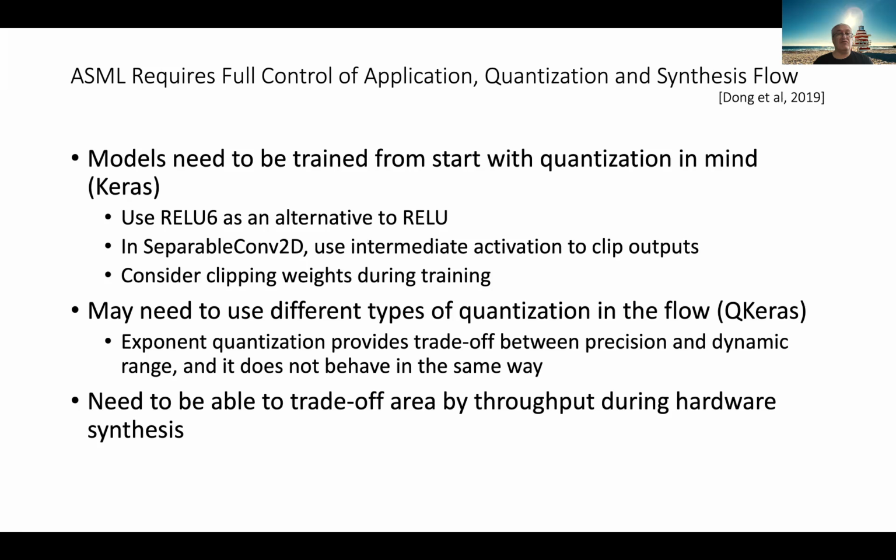Another example is separable convolution 2D, where the intermediate layers do not have any quantization between the depth-wise and the point-wise convolutions, and actually we want to have a layer that performs at least quantization on the intermediate layers.